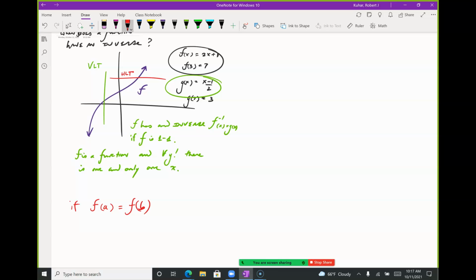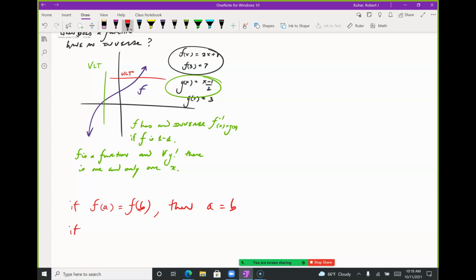Do I have equal y values or equal x values there? Equal what? Two equal y values. So I have the same height, then a must be equal to b. I must have the same x's. If I have the same height, I must have the same x's.